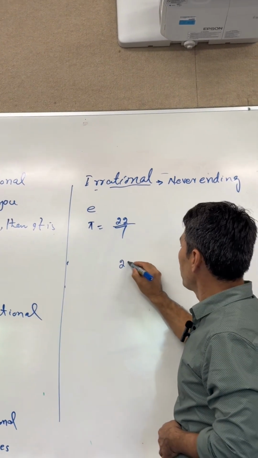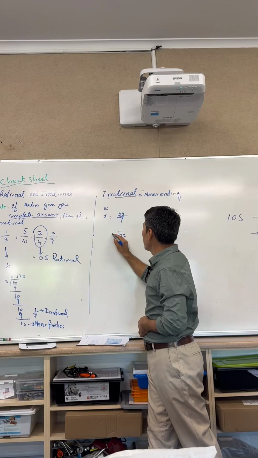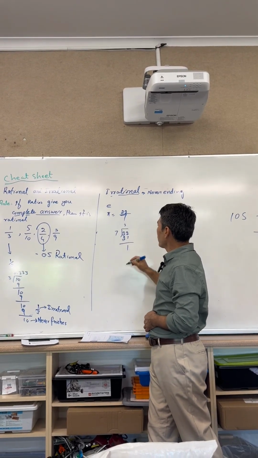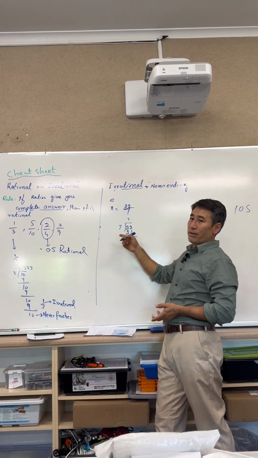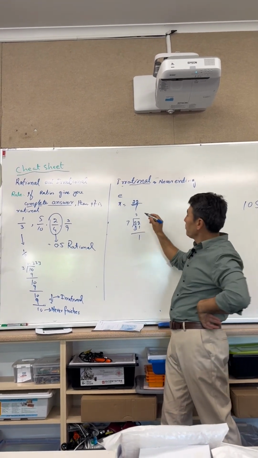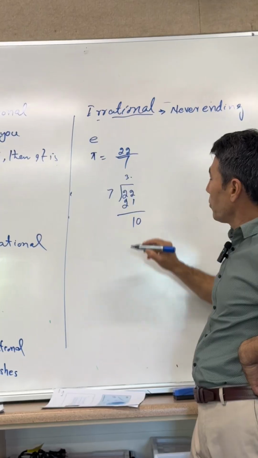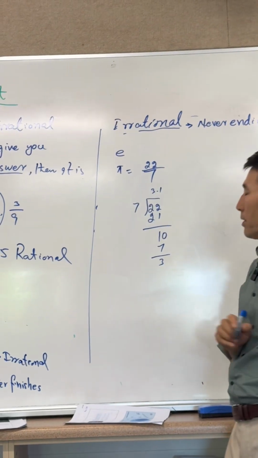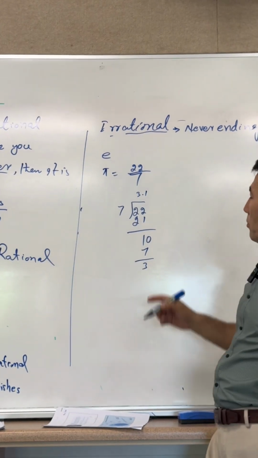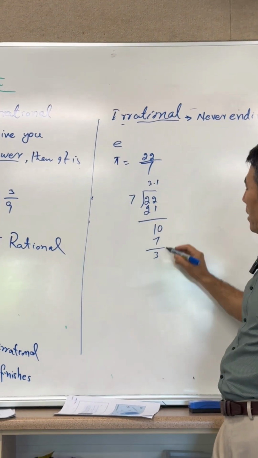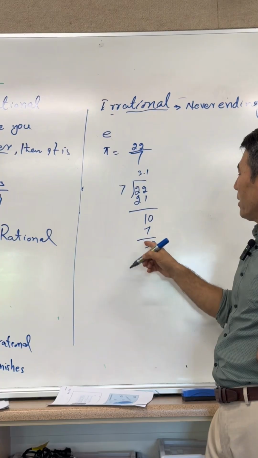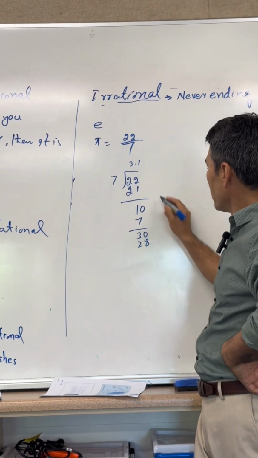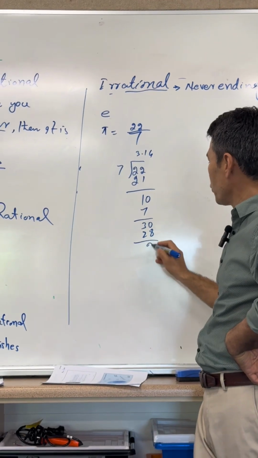Put 22 inside and divide by 7. 7 3s are 21. 1 left. Now 1 is smaller than 7, we cannot divide. What should we do? Introduce a decimal and put a 0 here. 7 1s are 7. 3 left. 3 is smaller than 7, again put 0. 7 3s are 21, 7 4s are 28, so put 4 here, 28, 2.